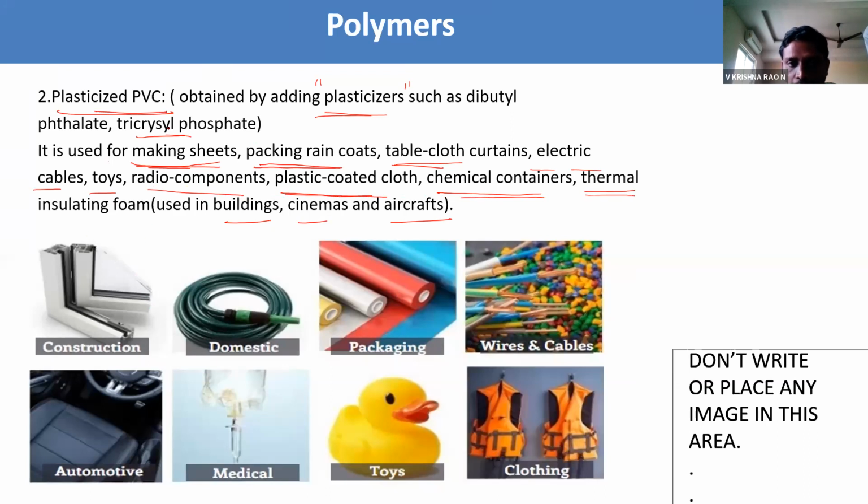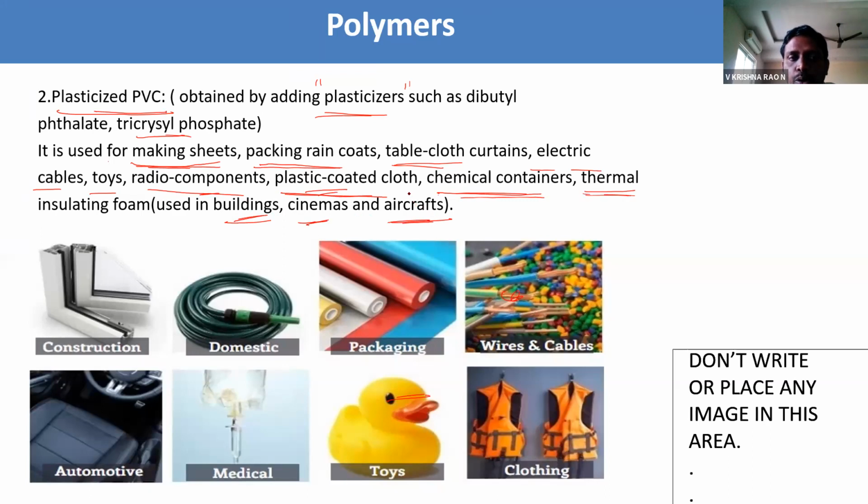Examples: it is used in making sheets, packing raincoats, tablecloth, curtains, and electrical cables, which are wires and cables. Radio components, toys, plastic coated cloth, chemical containers, thermal insulating foam used in buildings, cinemas, and aircraft.